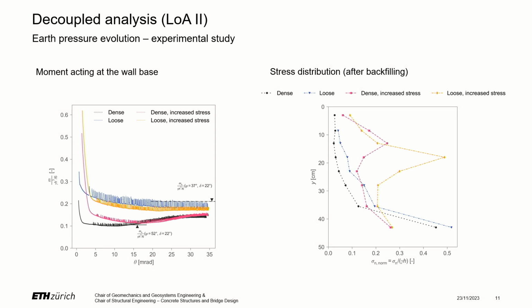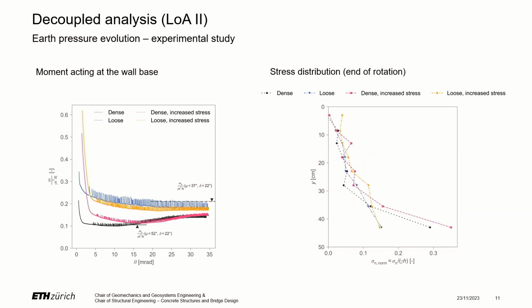This is due to the softening behavior of dense soil. Instead, for loose samples, we also have a quite fast unloading initially, and then it transitions to a rather gradual decrease because of the hardening behavior of loose soil. And then at the end, we reach the residual state.